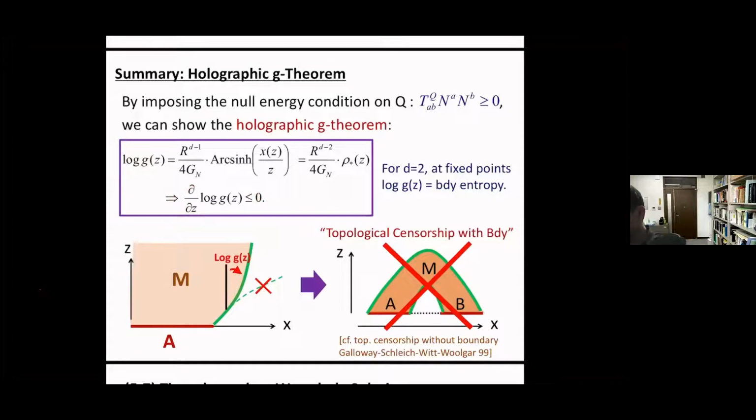But this is also interesting from a geometrical viewpoint. Because of this, we cannot have this kind of configuration. So this actually prohibits some kind of wormhole, like a traversable wormhole. You can imagine two boundaries A and B, and we want to construct the gravity dual of this disjoint union of A and B. You might think there is this kind of wormhole configuration.